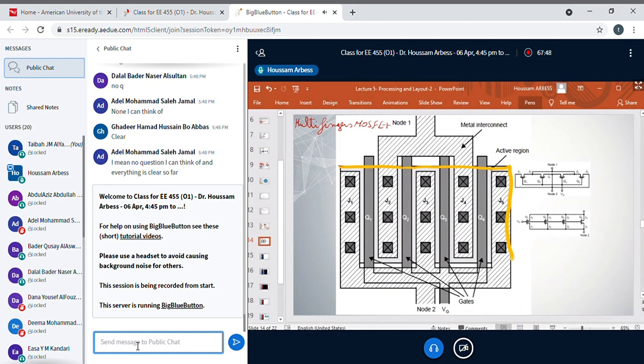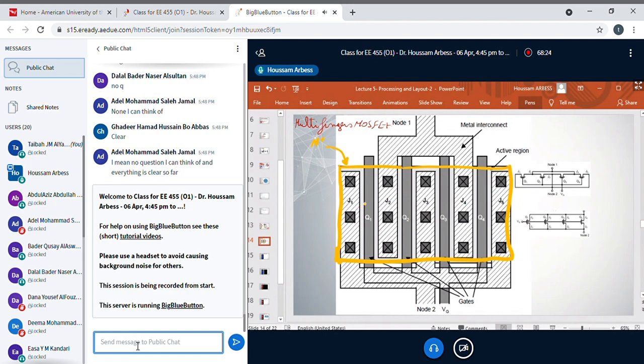Then from here to here, then from here to here. So I can say that we have N plus in this region. You can see here that you have metal on top of N plus. That's why you cannot see N plus here. So all of this region is N plus. Of course, the polysilicon here will deactivate the N plus under it. And here you have metal on top of the N plus, that's why you cannot see N plus, and so on.